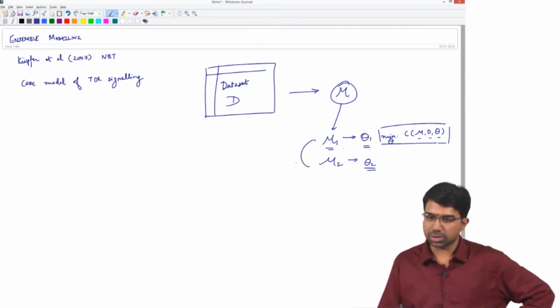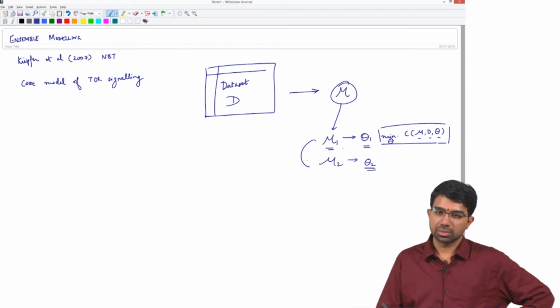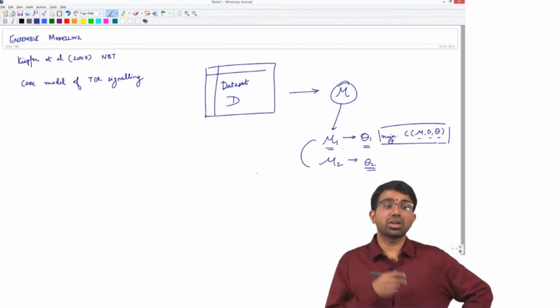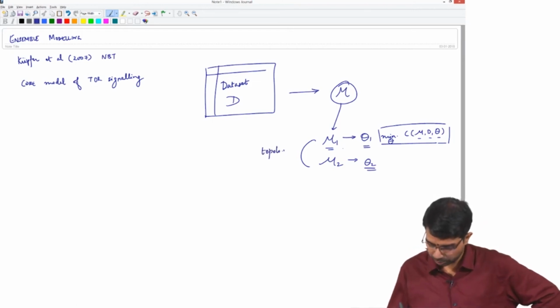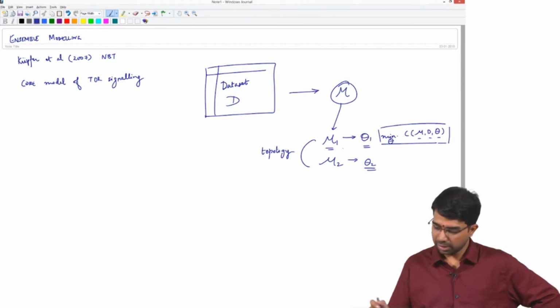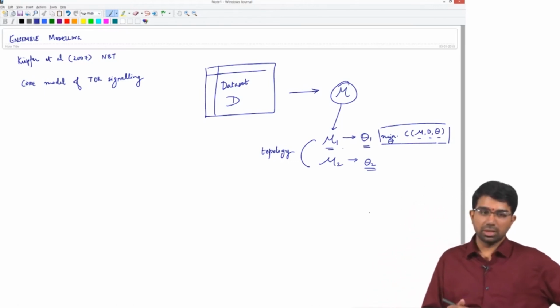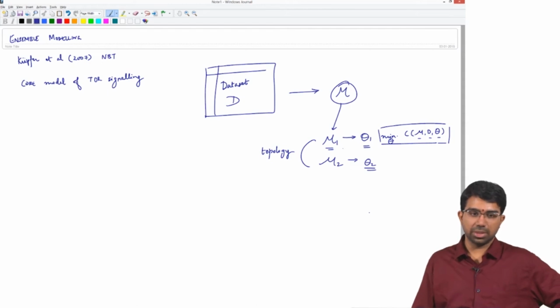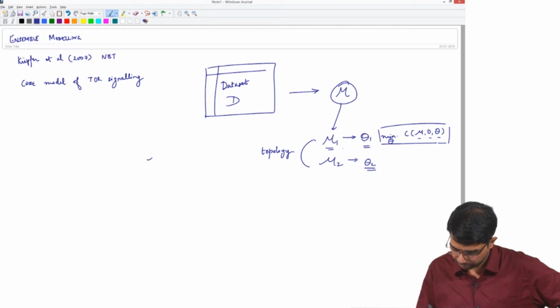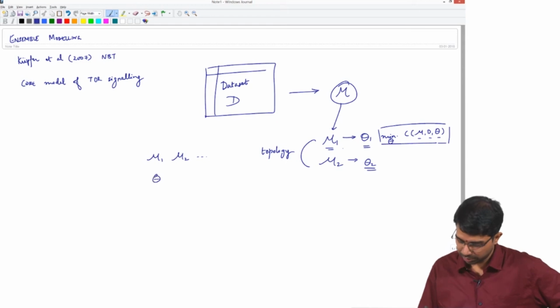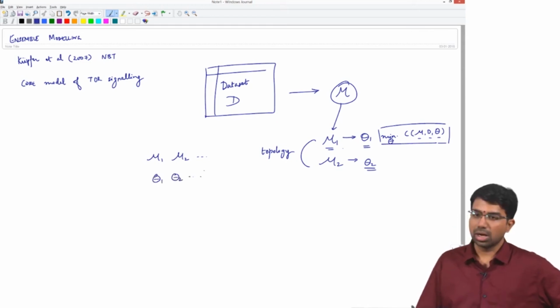So, what is the difference between these two models? It is not just in the parameters, because then I would call it the same model, but it is in fact in the model structure itself, or what we would call the topology. This is something that we were discussing in robustness as well, wherein you have a model M1, a model M2 and so on, and you have sets theta 1, theta 2 and so on.